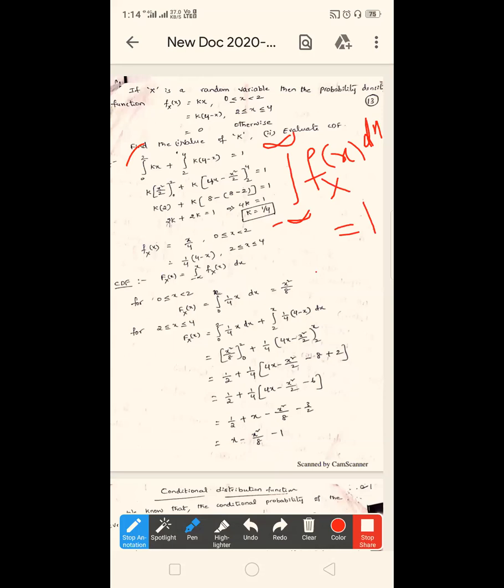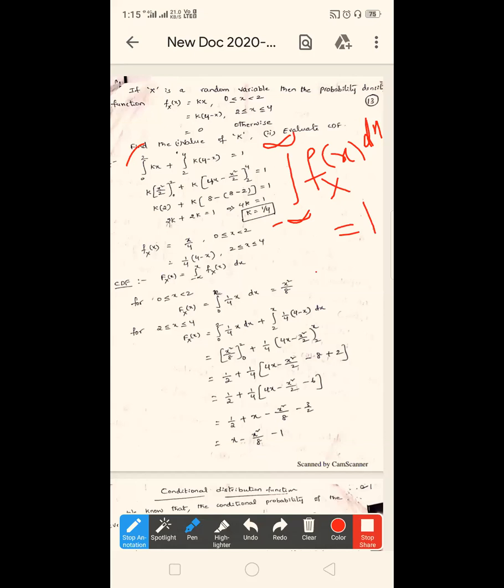Is it clear? But you have to change the limits of integration according to the given data. In the given data, the integration limits must be changed to 0 to 2 and 2 to 4 because for these two ranges the function is different. For the limits 0 to 2, the function value is kx, whereas for the range 2 to 4, the function value is k into 4 minus x.